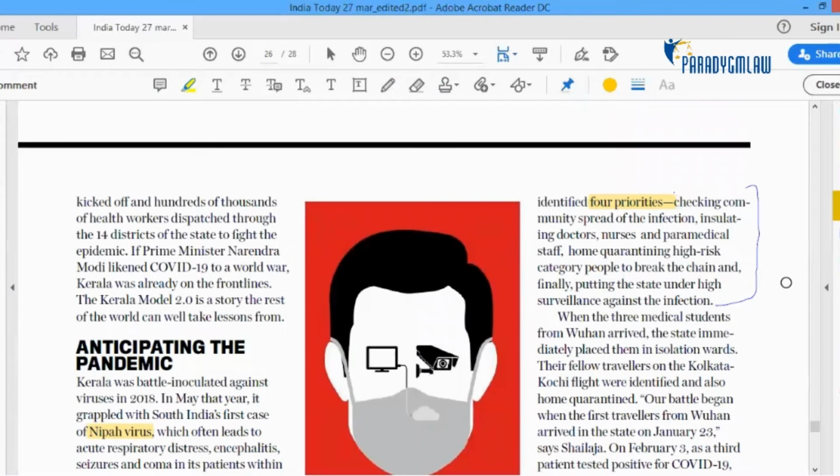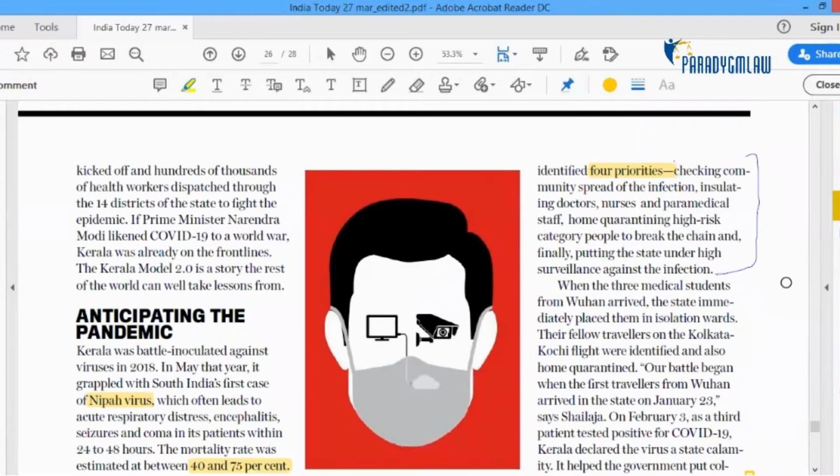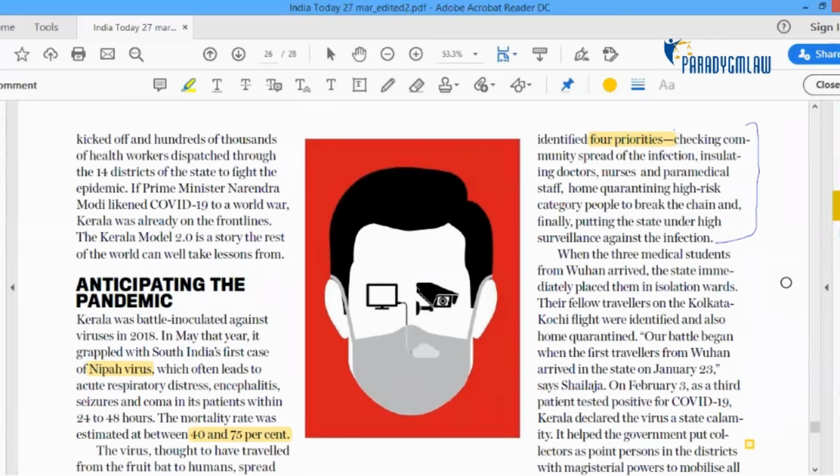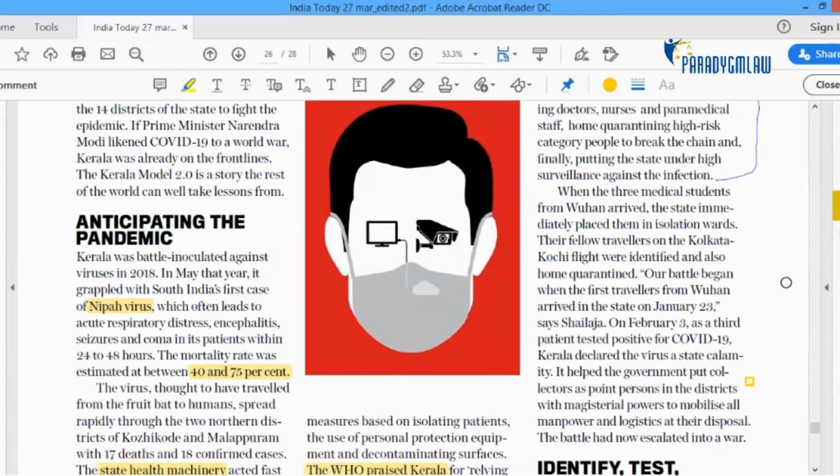They are checking community spread of the infection, insulating doctors, nurses, and paramedical staff, home quarantine of high risk category people to break the chain, and finally, putting the state under high surveillance against the infection. So, here we're going back to the reference given in the first paragraph about the three medical students from Wuhan.